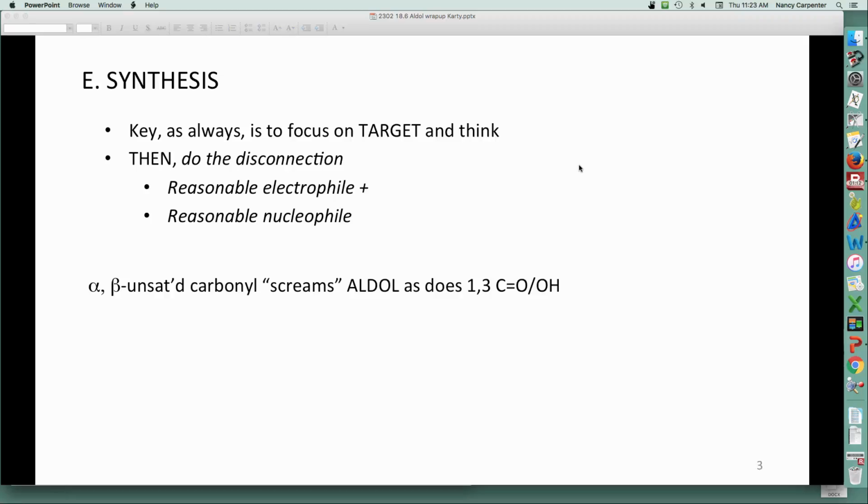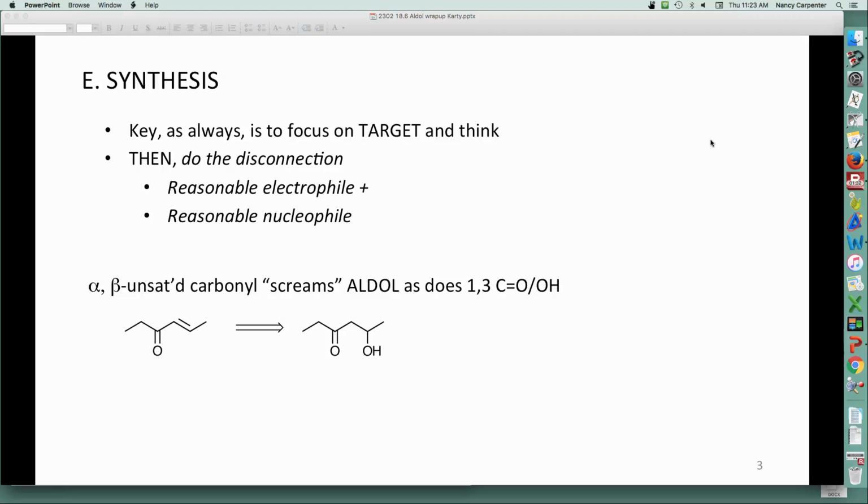The good news is the aldol in particular gives you some pretty huge hints. So an alpha-beta unsaturated carbonyl is screaming, I've been made by an aldol reaction. So does a molecule that has a 1,3 relationship between a carbonyl and hydroxyl.